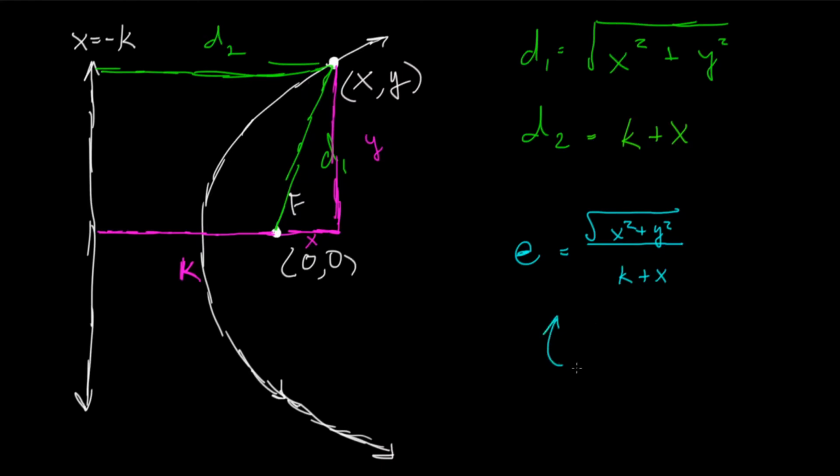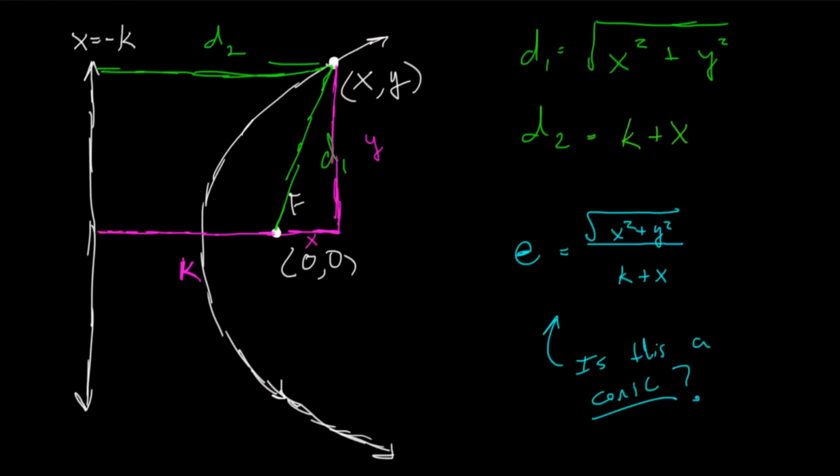Is this a conic? Well, let's just do some algebra and see if it works. So we have e is equal to the square root of x squared plus y squared over, I believe it was k plus x. Let me just double check. Yeah, k plus x, cool.